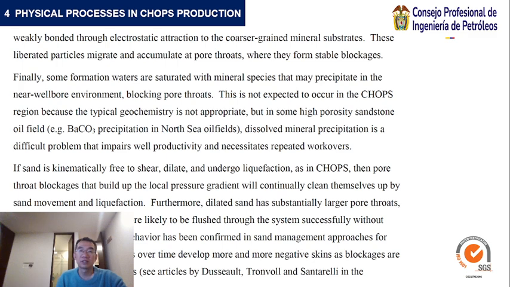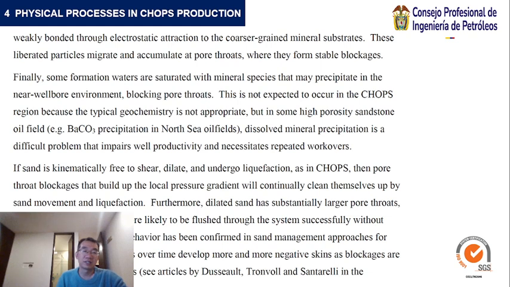This is not expected to occur in the CHOPS region because the typical geochemistry is not approached, but in some high porosity sandstone oil fields, dissolved mineral precipitation is a difficult problem that imperils productivity and necessitates repeated workovers.